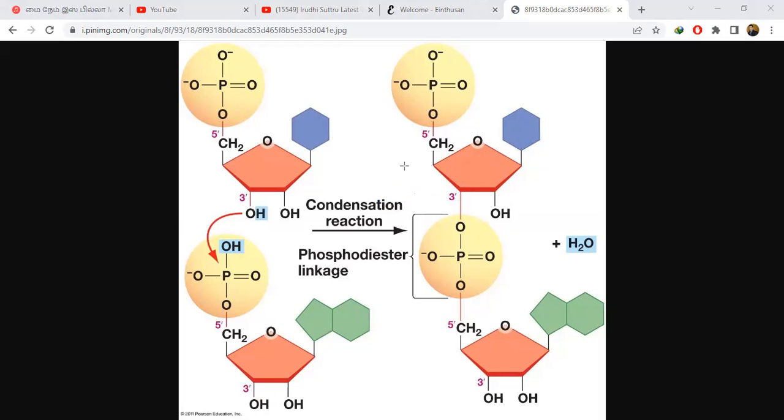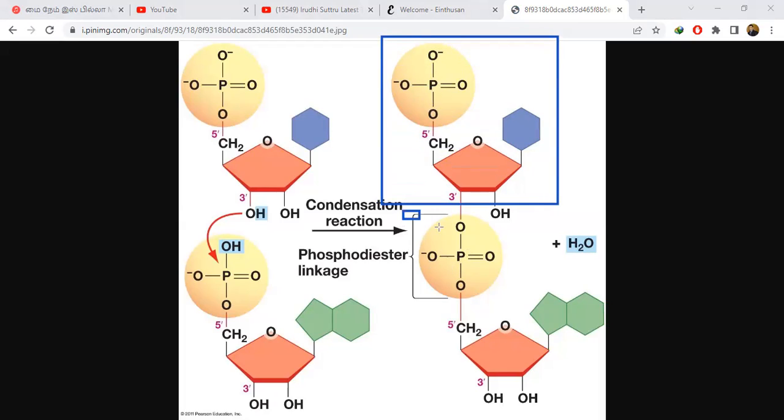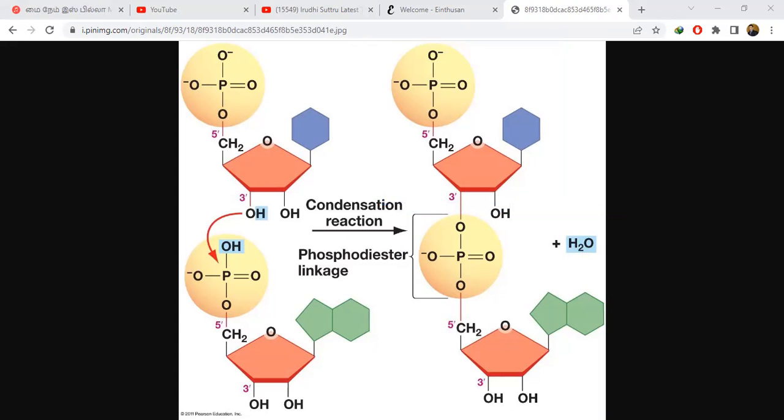This is another nucleotide. How many nucleotides are shown here? 2 nucleotides. Here, what is the number marked? 3. That is indicating the third carbon.